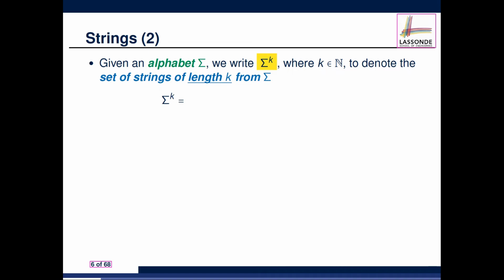I want to give everybody a chance to think about it. I want sigma to the power of k to mean: from this particular alphabet, all the strings with length k. I got 2 volunteers already, but let's see if anyone else would like to try. It's okay to be wrong, by the way.